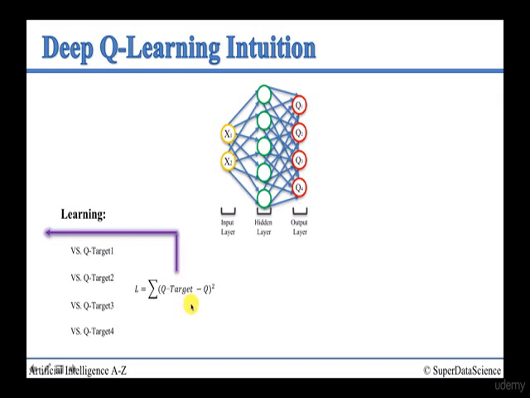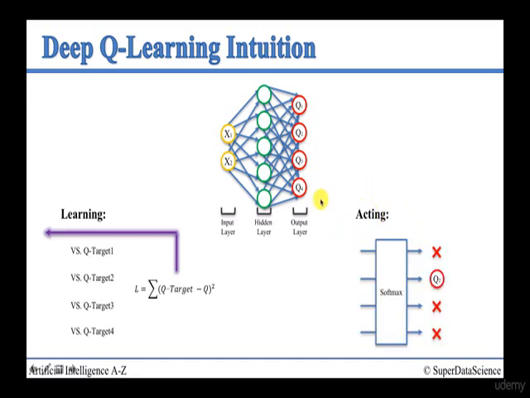The second part is, of course, we have to act, we have to select an action, and that is where we pass the Q values through the softmax function, or basically an action selection policy, which we'll talk about further down. Then we simply select the action that we want to take, we perform that action, and then this whole process starts again.